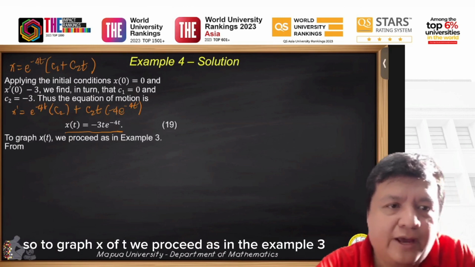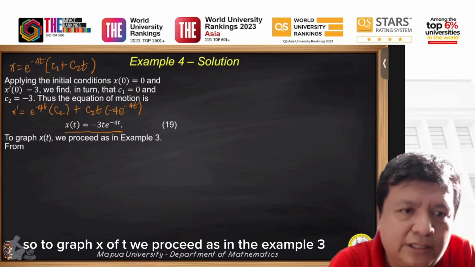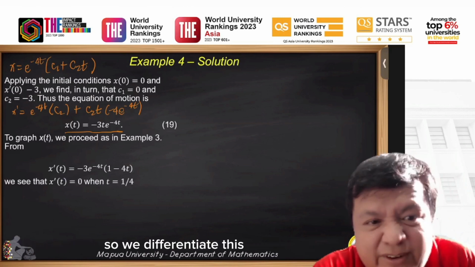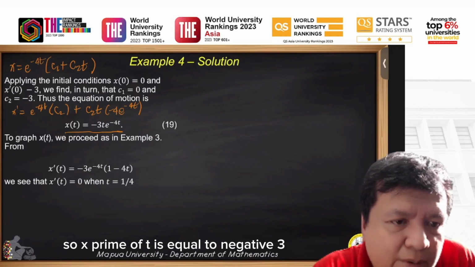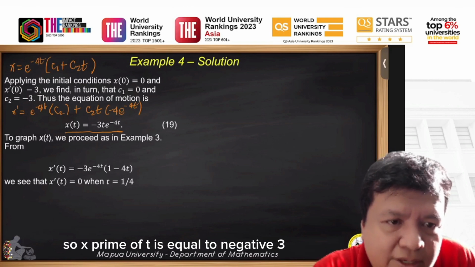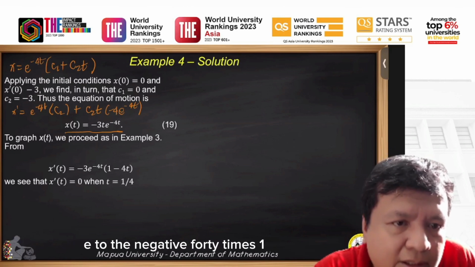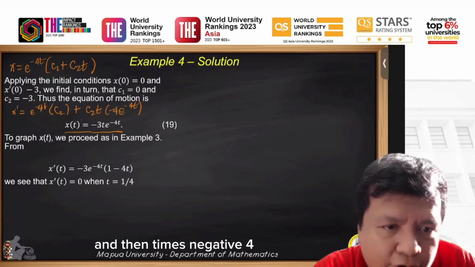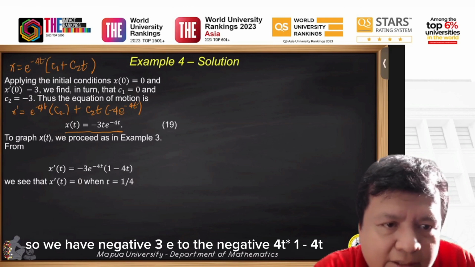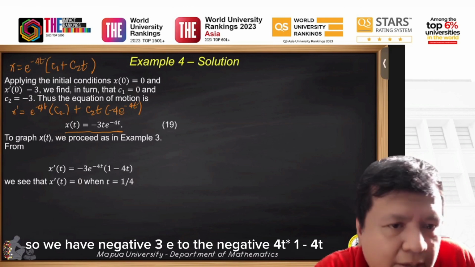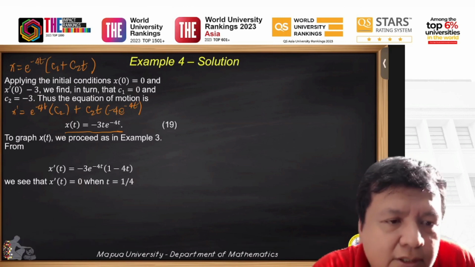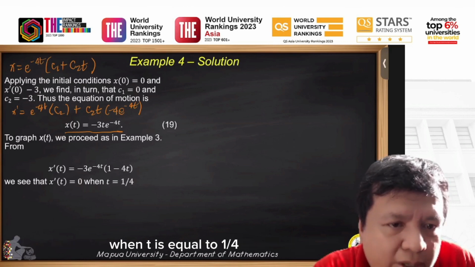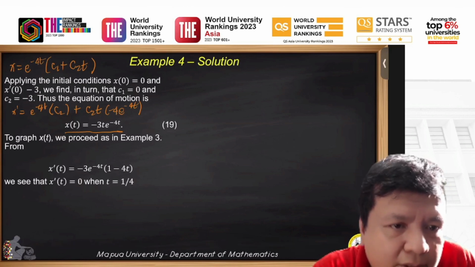So to graph x of t, we proceed as in example 3. We differentiate this. So x prime of t is equal to negative 3 e to the negative 4t times 1 minus 4t. So we see that x prime of t is equal to 0 when t is equal to 1/4.